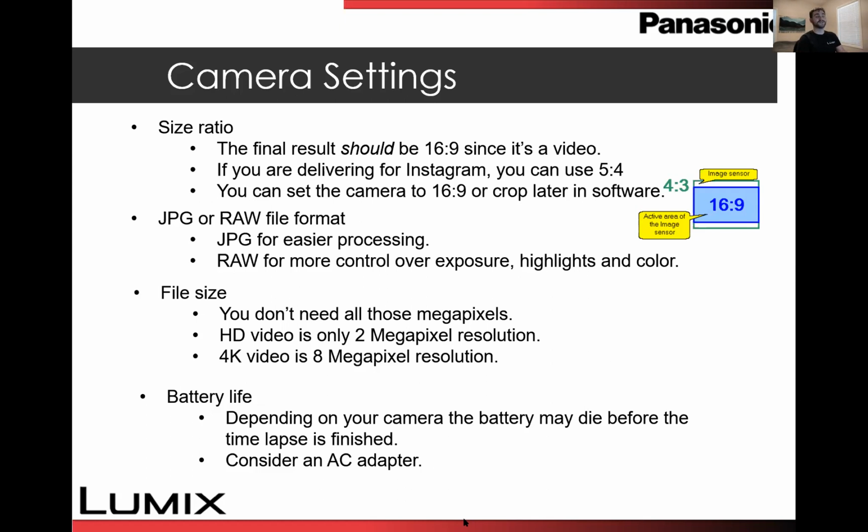JPEGs are easy, they're simple, they're typically baked in color, so the look that you create in your camera, that's how the image is going to come out. It's easy to share a JPEG, and ultimately, no matter what, a JPEG is what you have to convert a RAW file into anyway for delivery. So if you're confident in your exposure control in creating a singular image, shoot JPEG. It's a great way to get into it, minimize the amount of storage space you need, and just speed up your process overall.